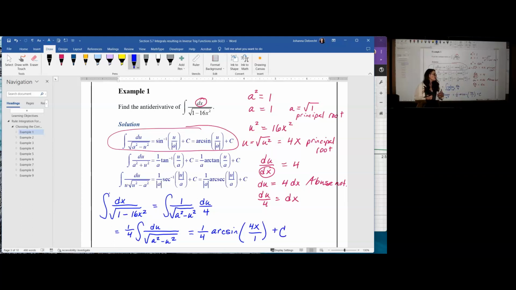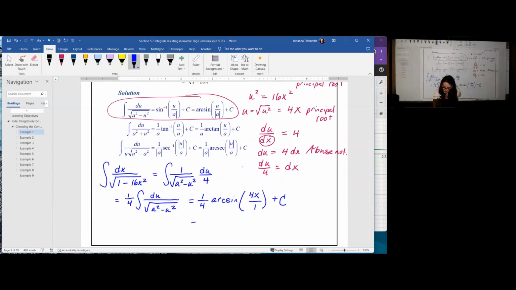And again, you may say, well, the constant should be multiplied by 1/4 as well, and you're right, except that 1/4 times a constant is still a constant. So we say we're going to roll it into plus c. I would go ahead and rewrite this one as 1/4 the arcsine of 4x plus c. This will be your final answer.